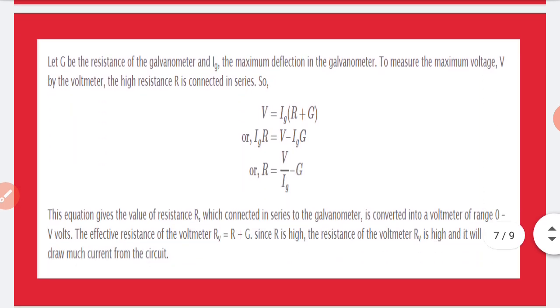Now the formula. Let G be the resistance of the galvanometer and Ig the maximum deflection current in the galvanometer.